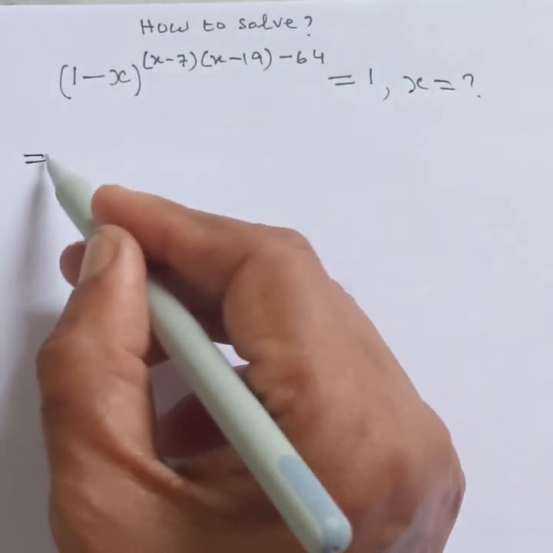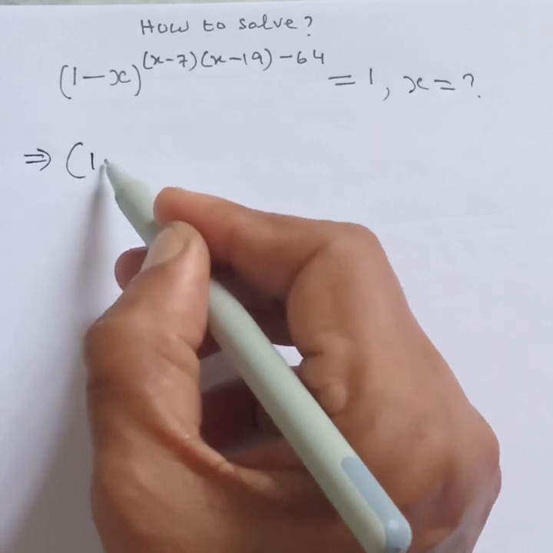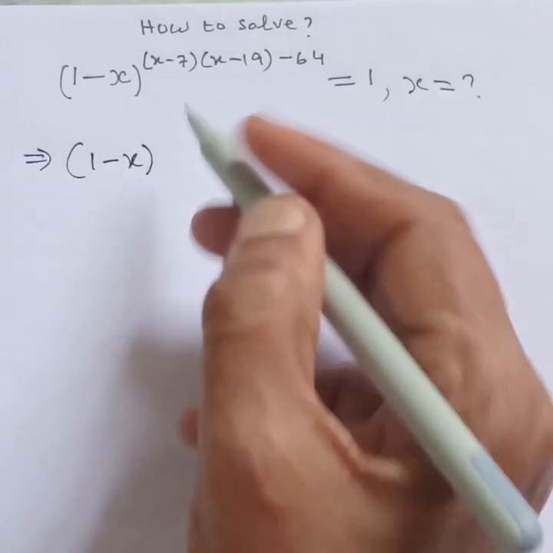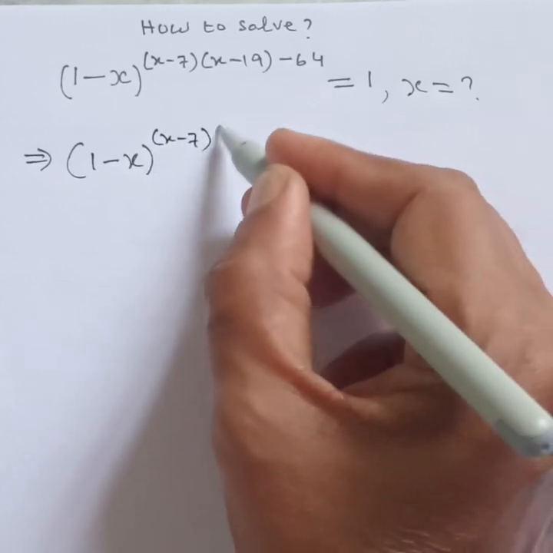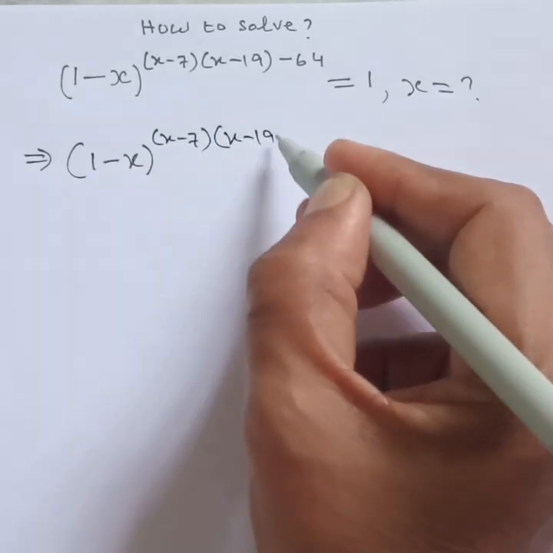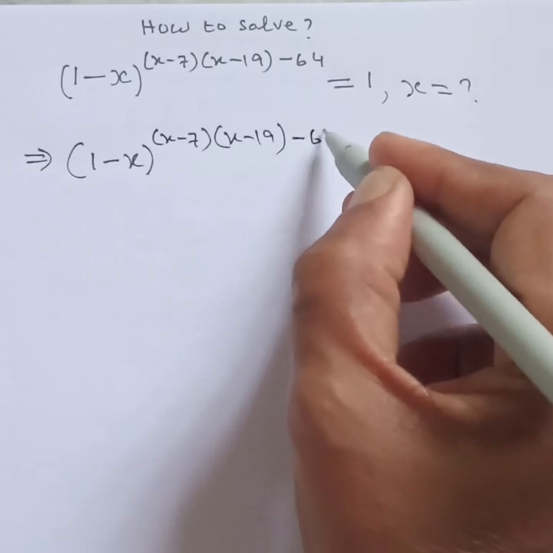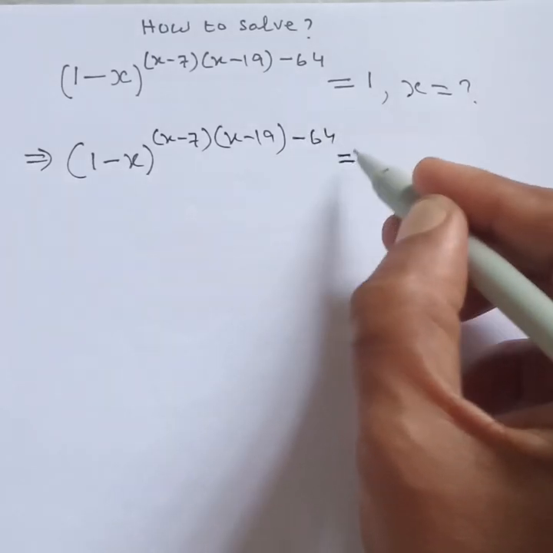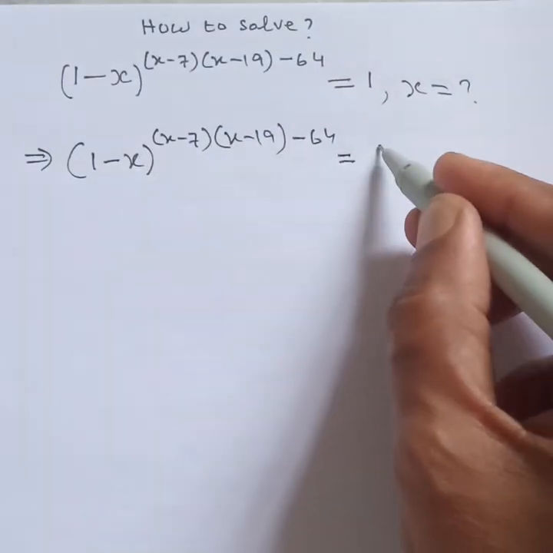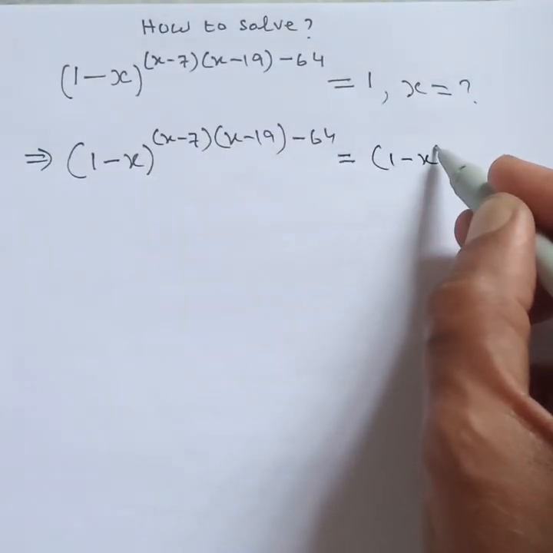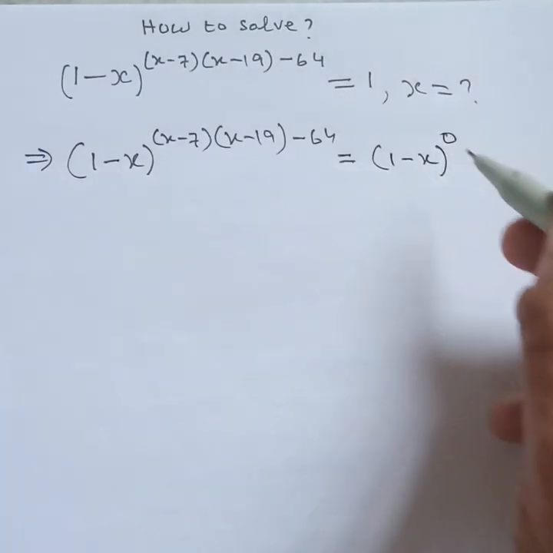This implies (1 minus x) to the power (x minus 7)(x minus 19) minus 64 is equal to 1 can be written as (1 minus x) whole to the power 0.